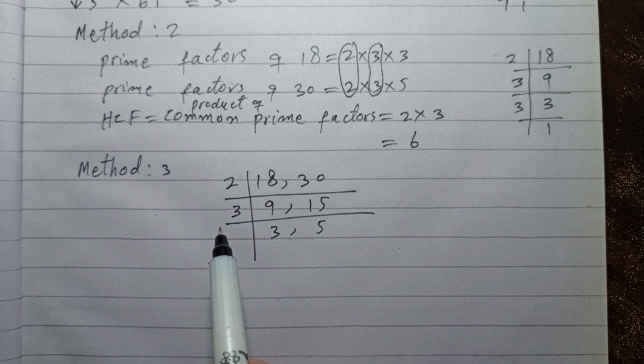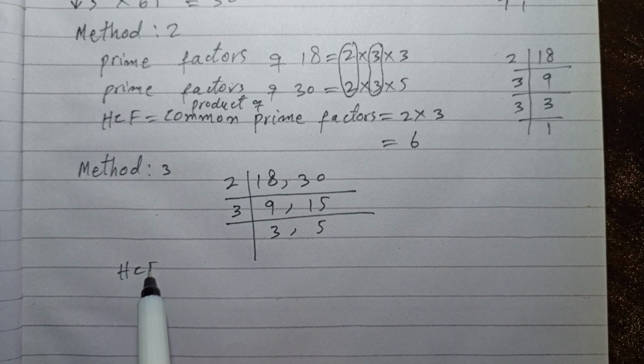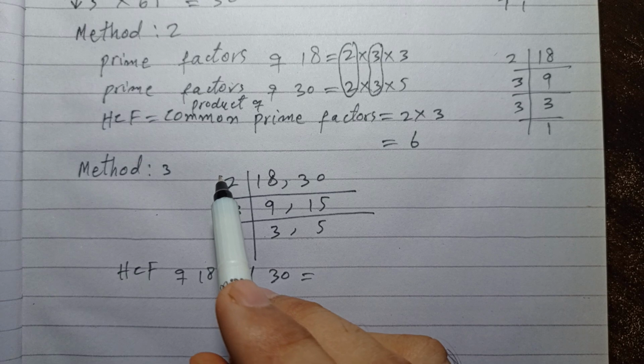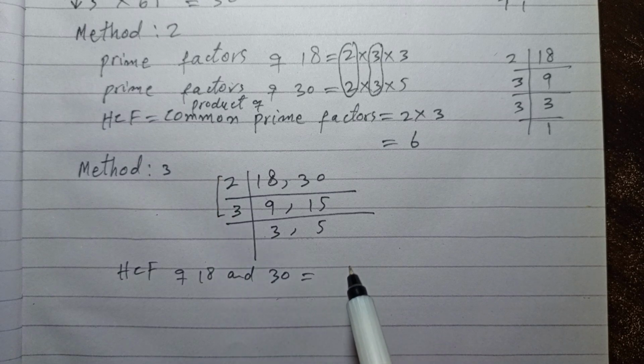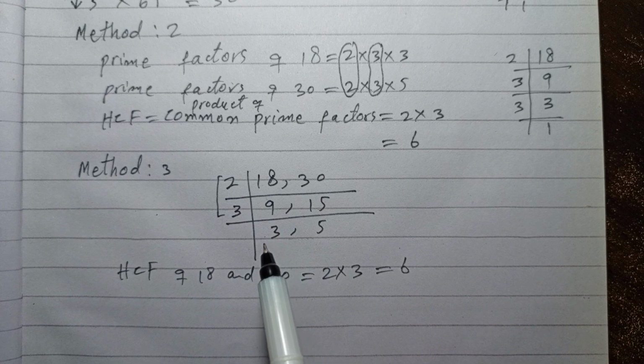So HCF of 18 and 30 is equal to, you will take these two numbers, 2 multiplied by 3 is equal to 6. So this is the HCF of 18 and 30 by this method.